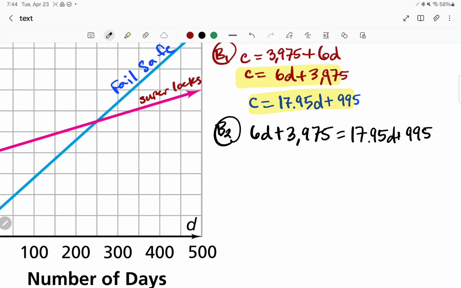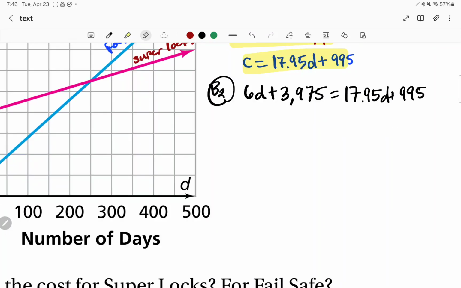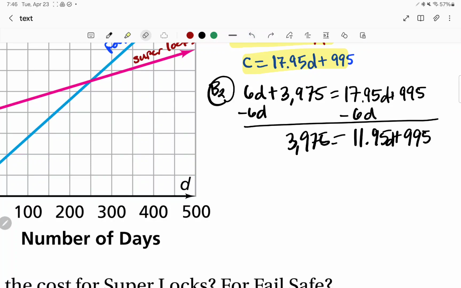If you haven't done this already, go ahead and pause the video and solve this on your own to see what you get. Okay, so let's go ahead and go through and solve this. First thing I'm going to do is subtract 6D from each side, and then what we have left is $11.95D plus 995 is equal to 3,000.